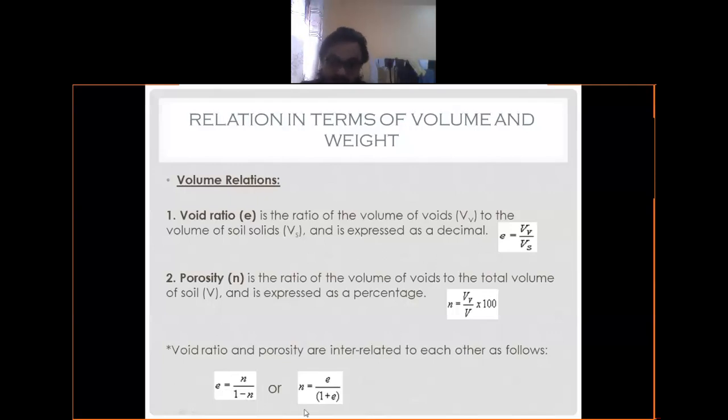Or if you know the void ratio, you can find out the porosity by this relation. They are just representations of the interrelation, so it's better to remember this relation. In some competitive exams this relation may be asked. It is a very important relation between void ratio and porosity.